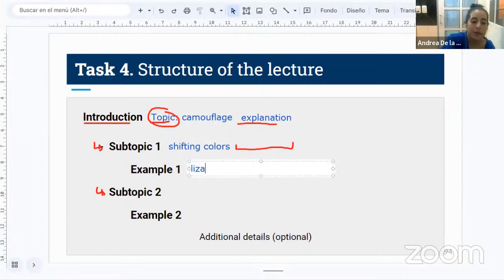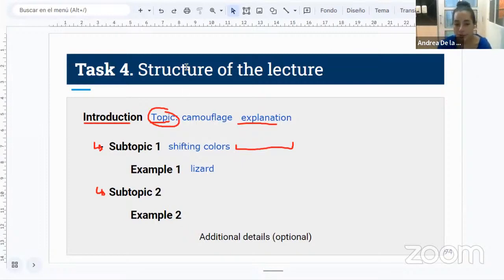And will be like, so there's this animal called this and that lives in this part of North America, and that's able to shift colors around their habitat, so they can turn green when they are around leaves, they can turn brown when they are in the soil. So basically, you will have the example there talking specifically about one thing, okay?